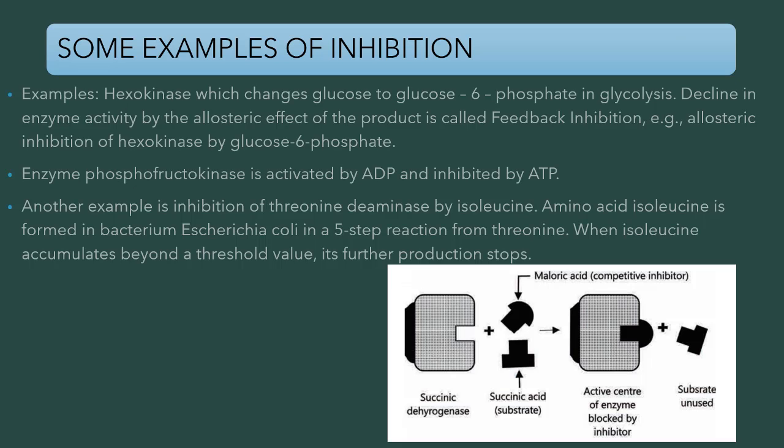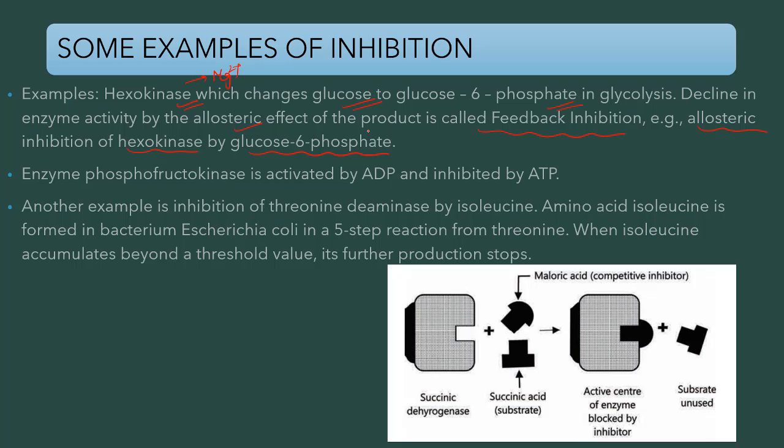Some examples of inhibition. Hexokinase, which is magnesium ion catalyzed, changes glucose to glucose 6 phosphate in glycolysis. Decline in enzyme activity by the allosteric effect of the product is called feedback inhibition. Allosteric inhibition of hexokinase by glucose 6 phosphate is a kind of feedback inhibition. Now, what exactly are they trying to tell?